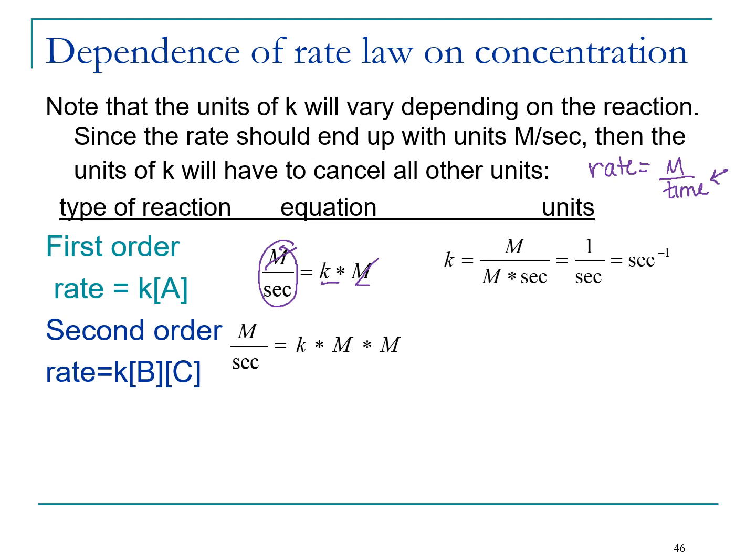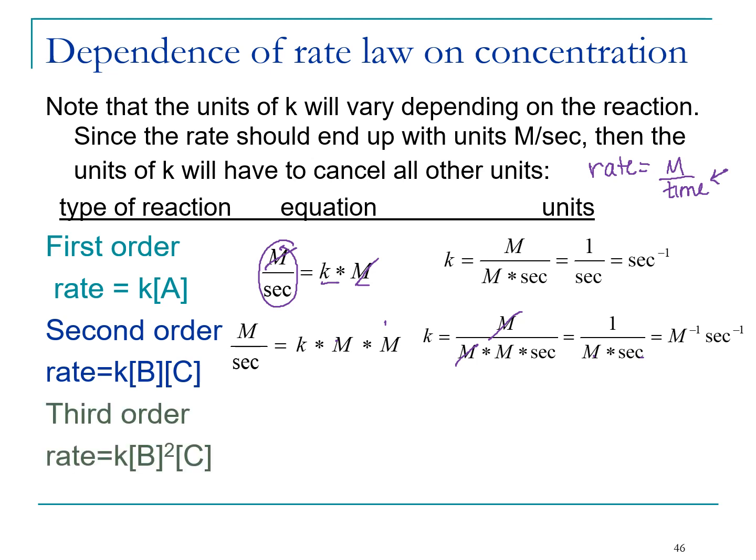Again, rate should always be molar per second. This time I have molar times molar. So what happens if I solve for K for units? I have molar divided by molar, divided by molar, divided by second. One of my molars will cancel. So now I have per molar per second, or per time, whatever the time happens to be.